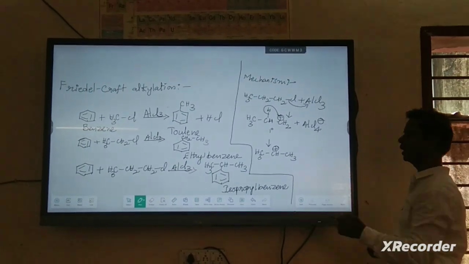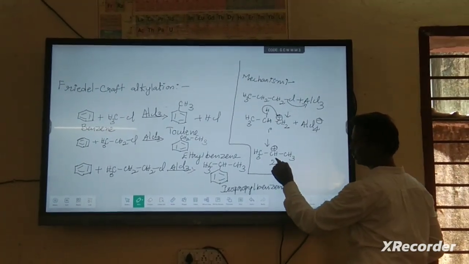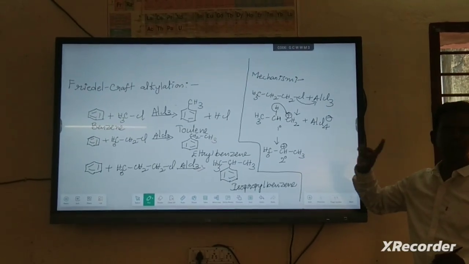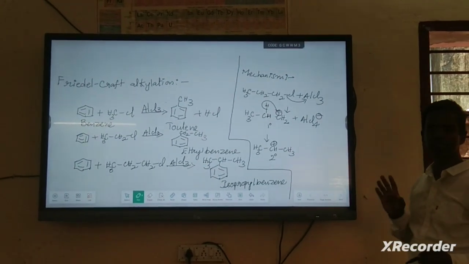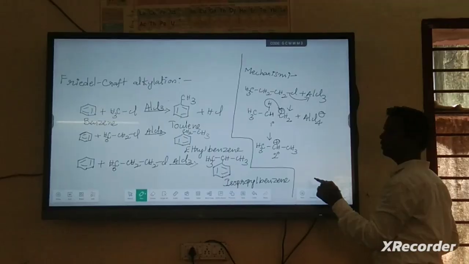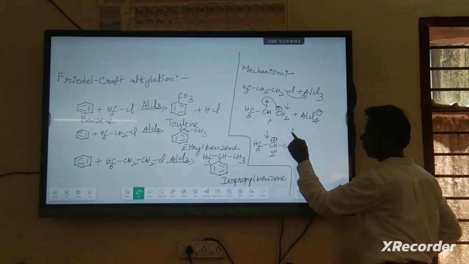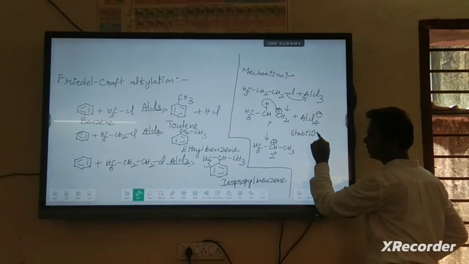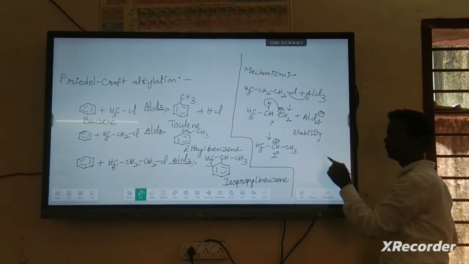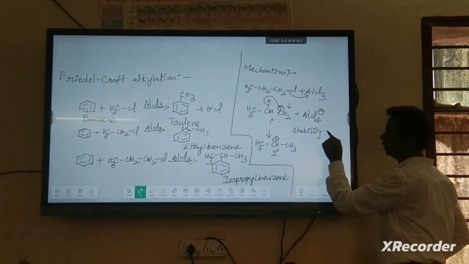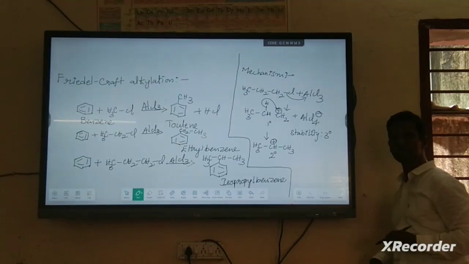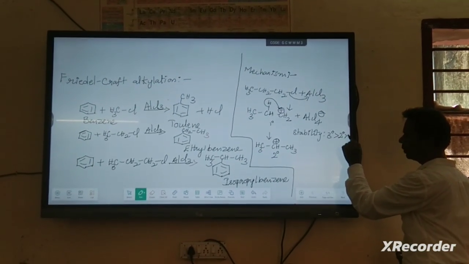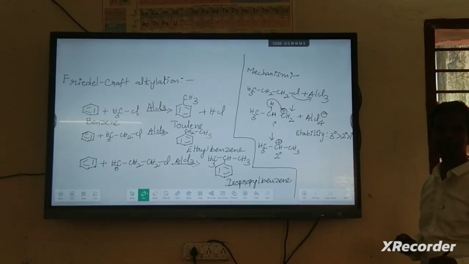Secondary carbocation. Go for the stability order of the carbocations. Tertiary carbocation is more stable, then secondary carbocation, then primary carbocation.